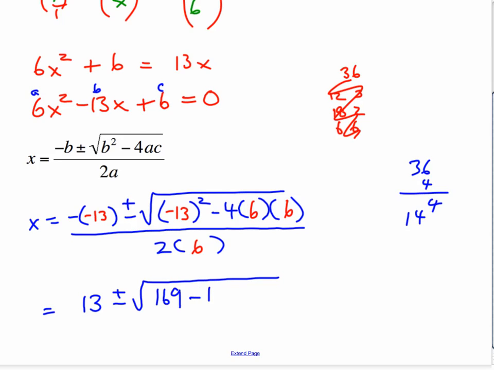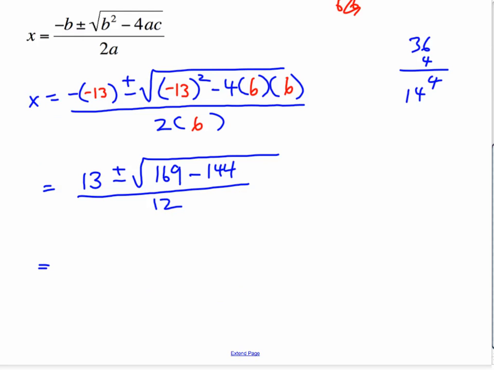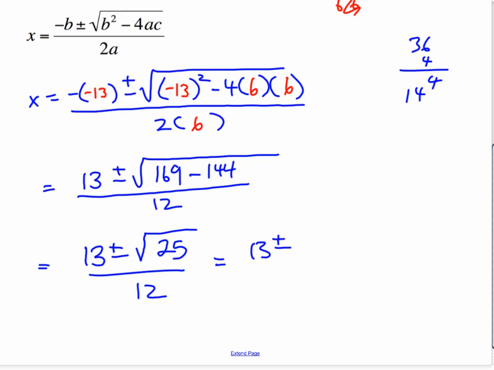So this would be minus 144, all over 2 times 6, or 12. Simplifying a little bit more, 169 minus 144, hey, that comes out to a nice number. Isn't that 25? So it'd be 13 plus or minus the square root of 25 all over 12, or 13 plus and minus 5 over 12. So there's my two answers.